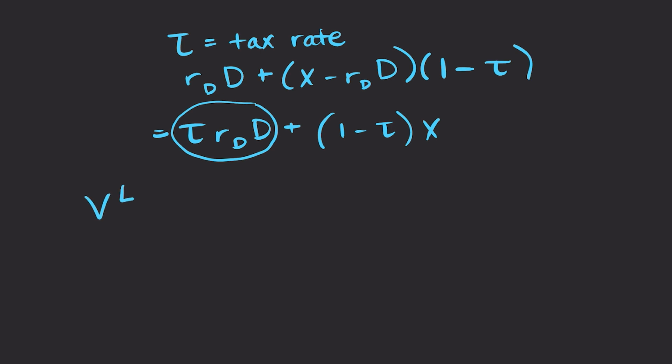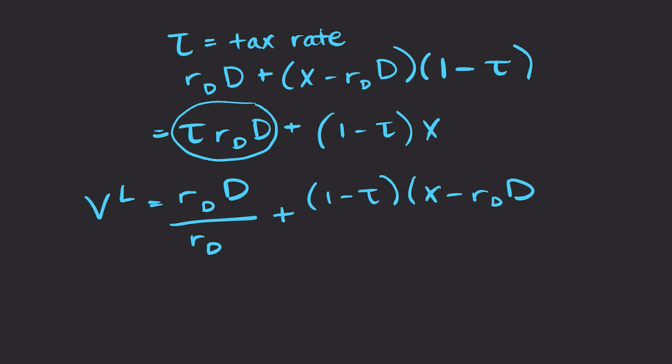So if I look at the value of a levered firm, it's going to equal the interest payments divided by the return on debt. So the debt is not touched. But if I look on the equity side, dividend payments will be taxed at a rate of tau, which means that I'm going to create a tax shield that's proportional to the amount of debt in the firm.